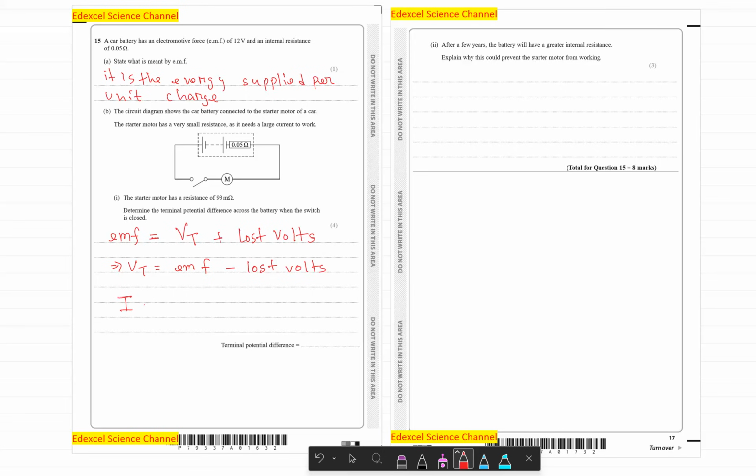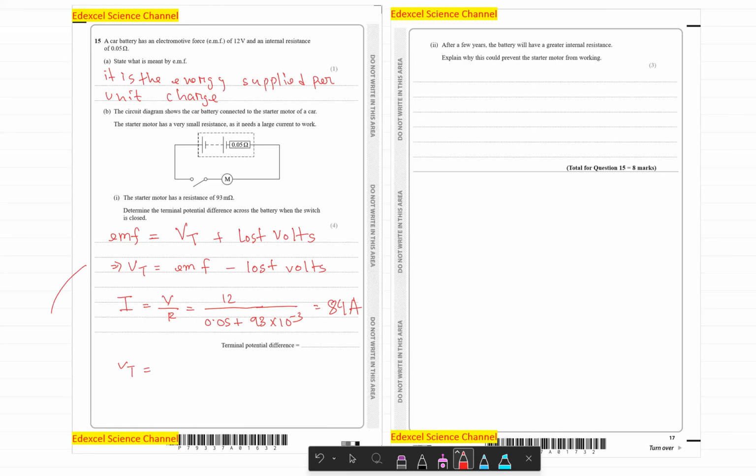So current is V over R. Total voltage is 12 and the resistance is 0.05 plus 93 times 10 to the power minus 3 to convert it to ohms. So the current that we have is 84 amperes, which is very, very high. Okay.